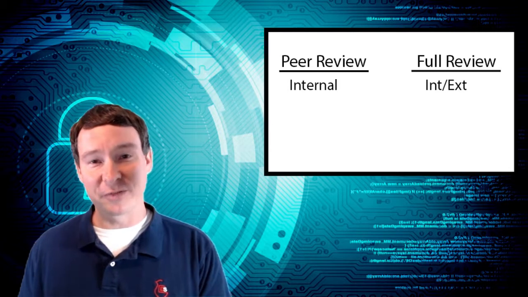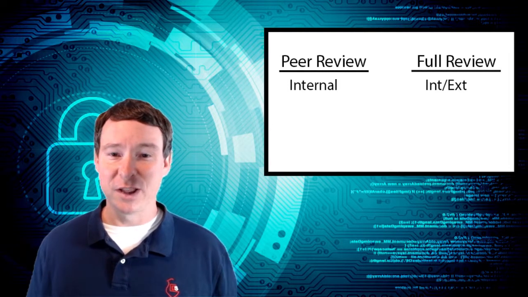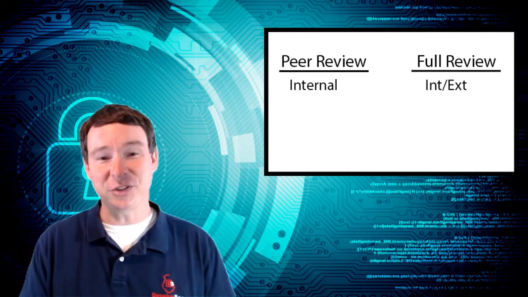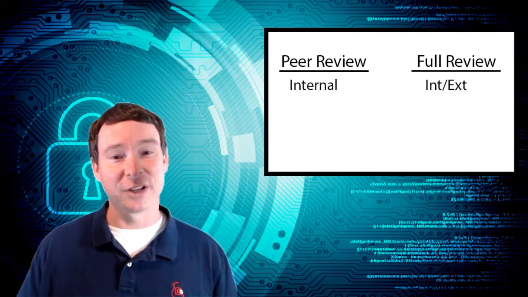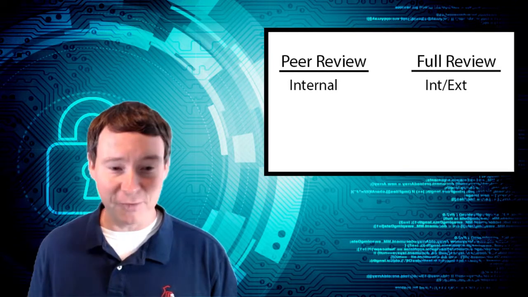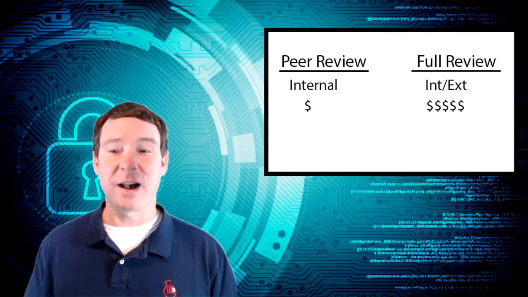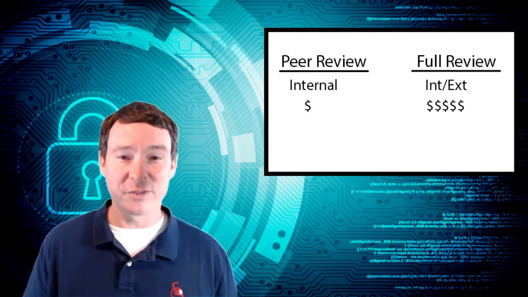when we see that full review. Now remember, we're talking about the whole code base. So now we're going to send that either to an internal group that's external of our development team, or we're going to send it externally to a third party. Now, of course, when we do that, this raises up the cost. Okay, so a peer review is pretty cheap internally because it's our own resources.